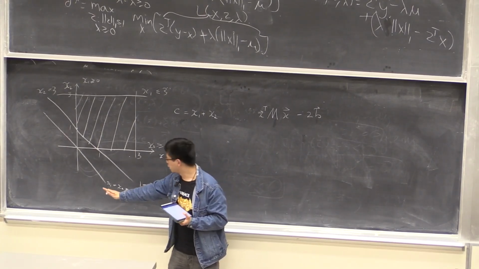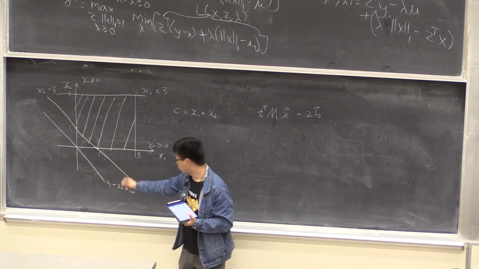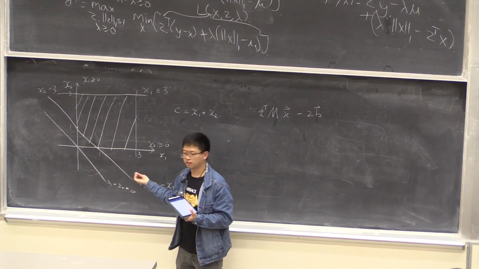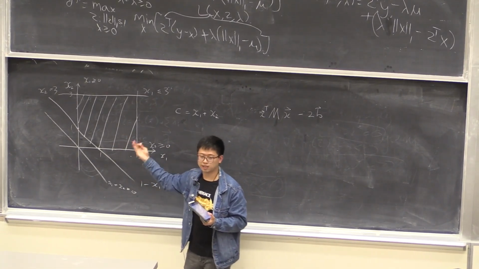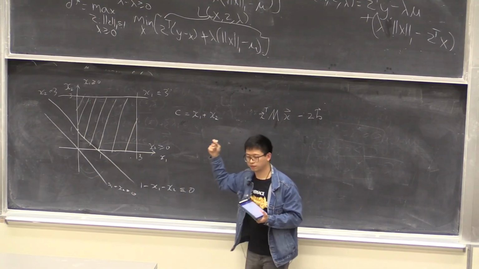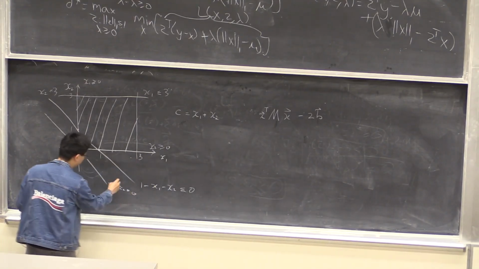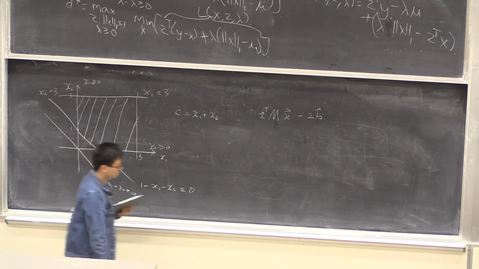The first time it intersects the feasible region when we move this line up, increasing c, that's the minimum value we can get, which is the optimal value because we are minimizing. Just to illustrate. This is not a constraint. Okay.